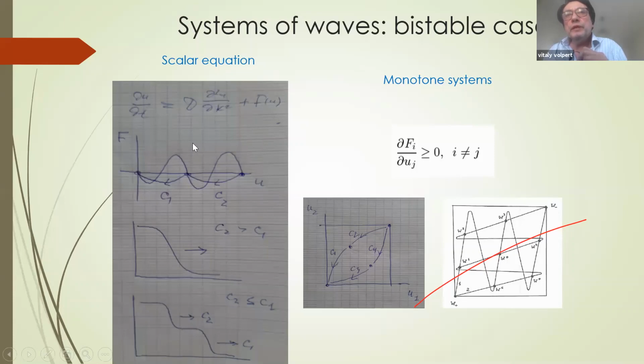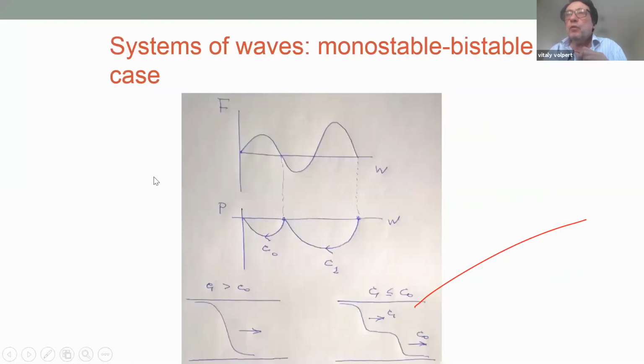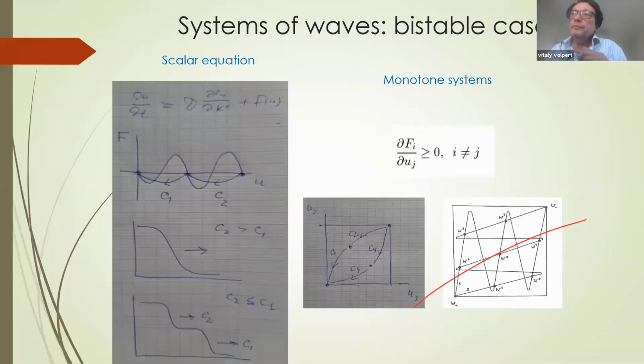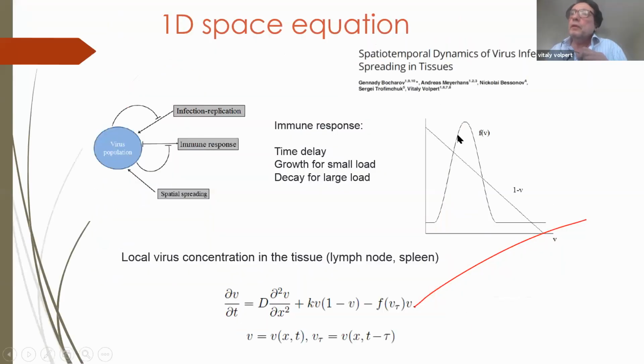Before, we had just a single bistable function like that, but here it can become more complex with several zeros, like shown here, or like shown here. In fact, our function f is exactly as shown here. You can see in this figure.